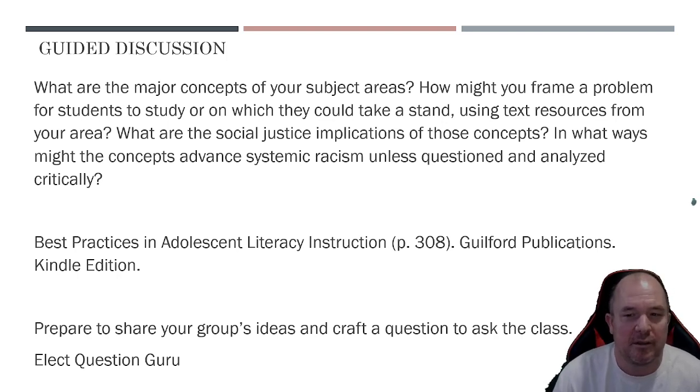And so hopefully that makes sense, so you can think about social, economic, or ecological implications within your discipline, and how the concepts could advance, and within this frame, how might the concepts advance systemic racism unless questioned or analyzed critically. We need to uncover the veil or the spectacle that's going on to reveal the structural issues that are causing these issues.